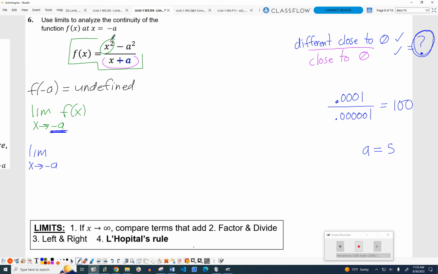Anytime you have a term subtract a term, they always factor. All you have to do is take the square root of the first term, which is x, minus the square root of the second term. That's the first factor. Then you multiply by what's called the conjugate.